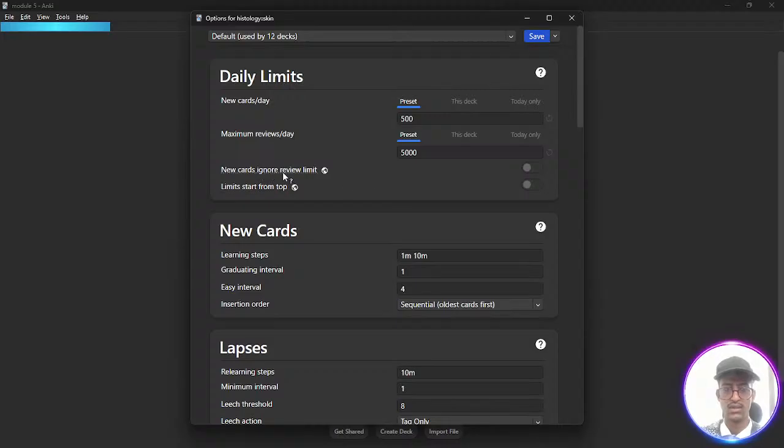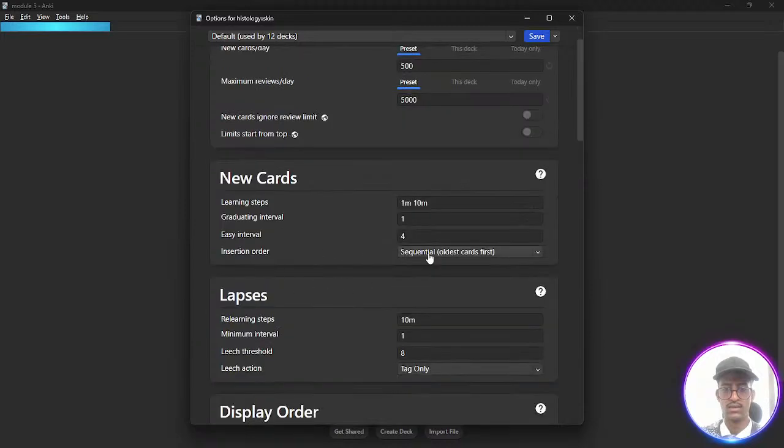New cards ignore review limits, start from top. Learning steps, gradual interval, each interval, insertion order, sequential.